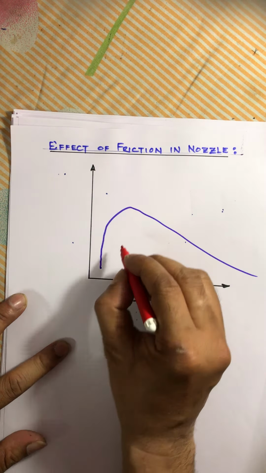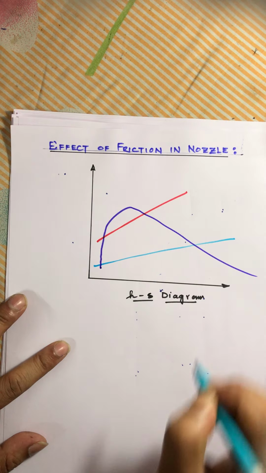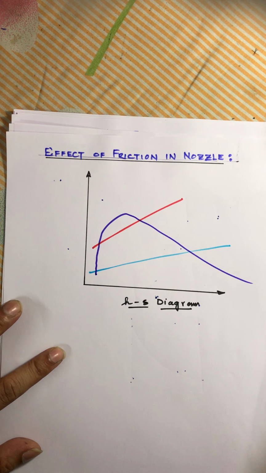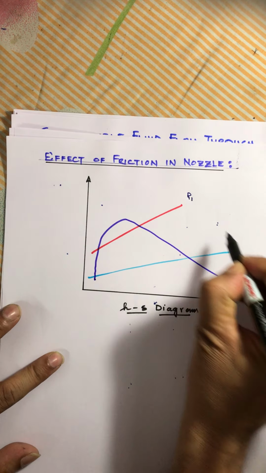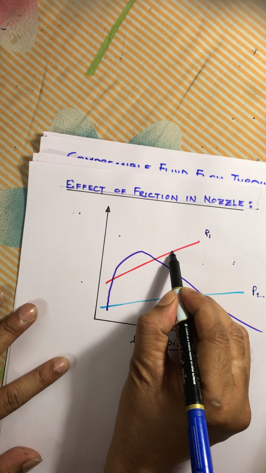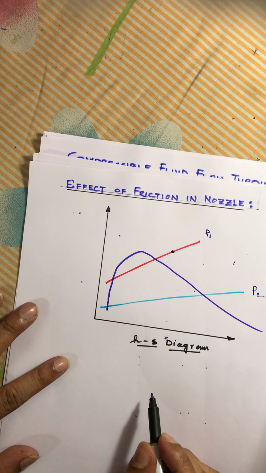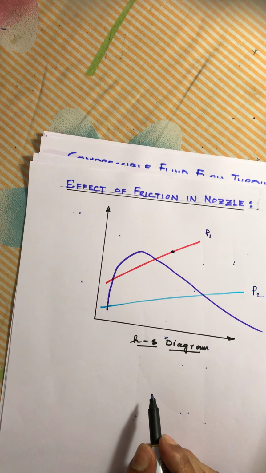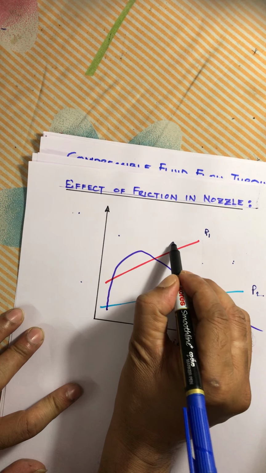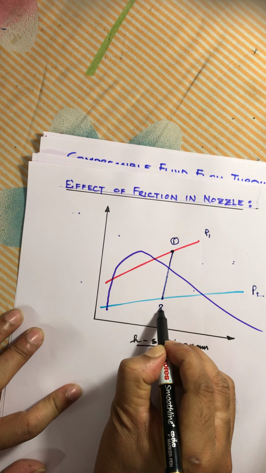If you draw two pressure lines, this is the high pressure line and this is the low pressure line. So, this is pressure P1 and this is pressure P2, and suppose this is the initial point of the steam. If friction is negligible, that means adiabatic heat drop, that is the drop of the enthalpy during the adiabatic expansion, will follow the path 1 to 2s.